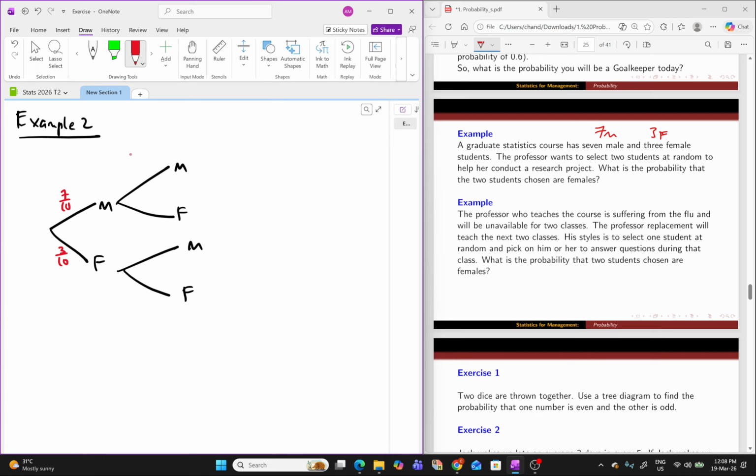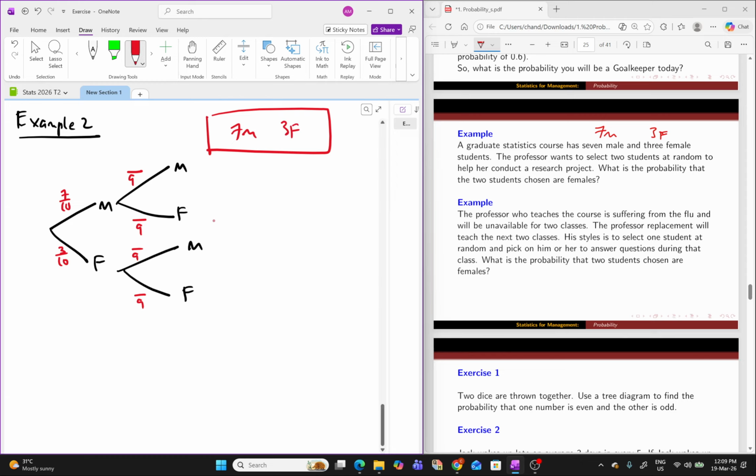Now for male, they choose two students, so one student is chosen already, so left is 9. For example, just now you have 7 male, 3 female.